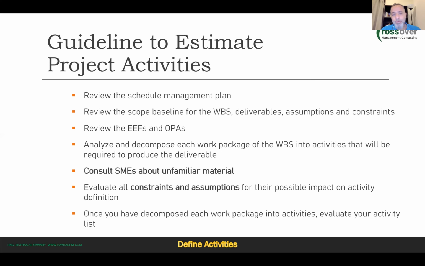Of course, you need to review the schedule management plan that indicated who and how we do this, and the scope baseline, especially the WBS, because we depended on the WBS and the work packages, of course. You need to take into consideration, again, the EEFs and OPAs. You analyze and decompose each work package into activities.